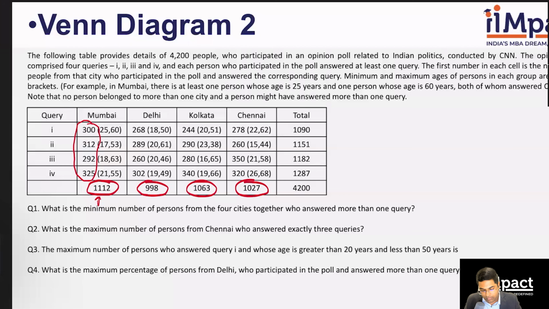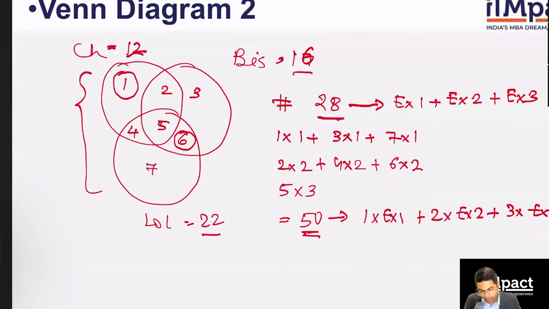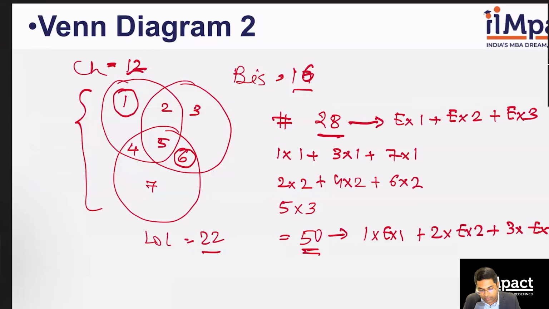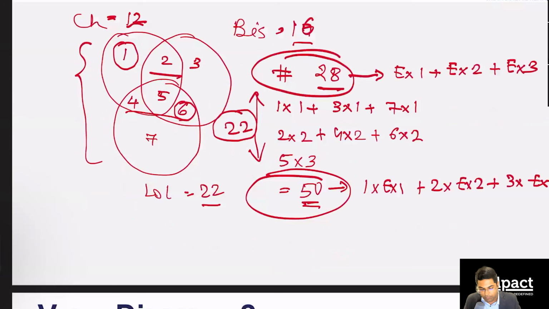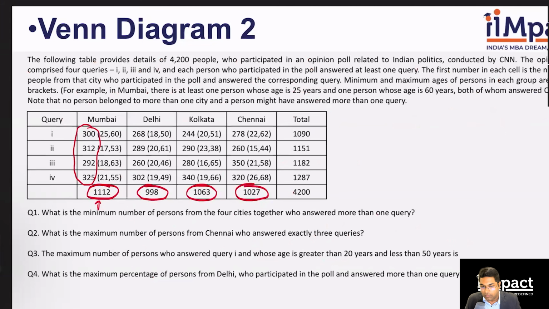Like we discussed over here as well, if something was missing, I would find the total. And this subtraction here, which is 22, is essentially going to tell me the number of instances which are more than once, thereby helping me derive these other numbers in the Venn diagram. Same logic. Is everybody with me?